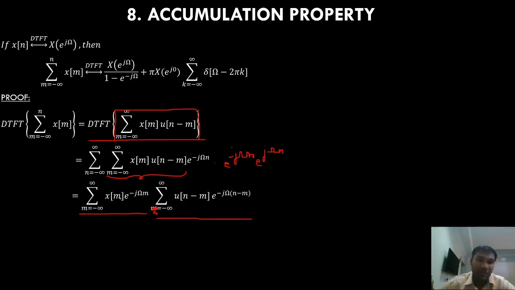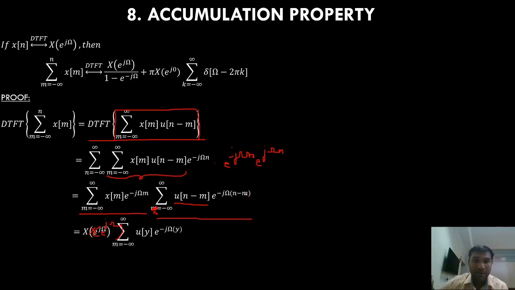So this m terms is equivalent to summation m is equal to minus infinity to infinity x of m e power minus j omega m. What is it equal to? It is equal to X of e power j omega, and here I have summation minus infinity to infinity u of n minus m into e power minus j omega n minus m.